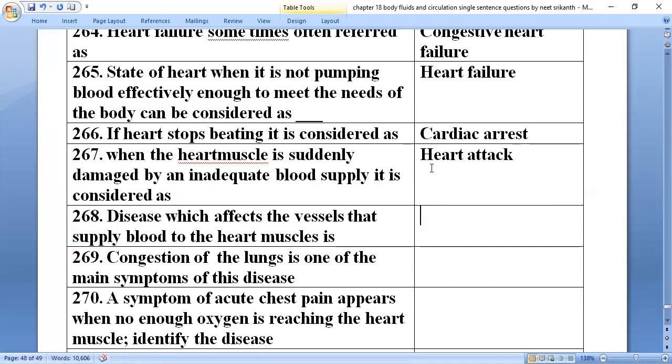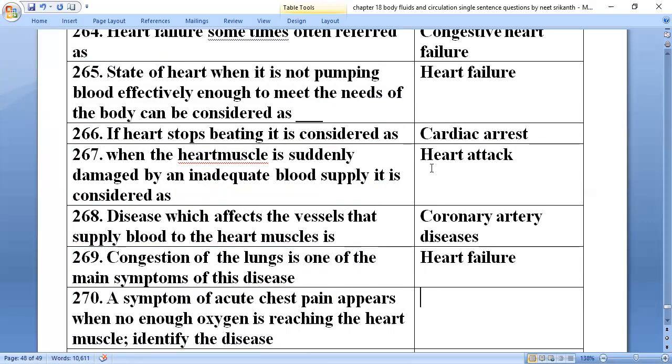The disease which affects the vessels that supply blood to the heart muscles is coronary artery disease. Congestion of the lungs is one of the main symptoms of this disease, heart failure. A symptom of acute chest pain appears when not enough oxygen is reaching the heart muscle.